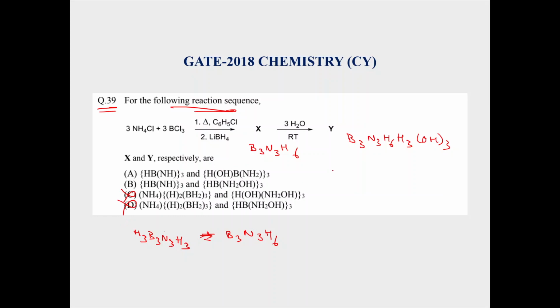So this H2O, H plus and OH minus, it is coming now. So we will see here H, OH, B, NH2, and this whole thing is 3.